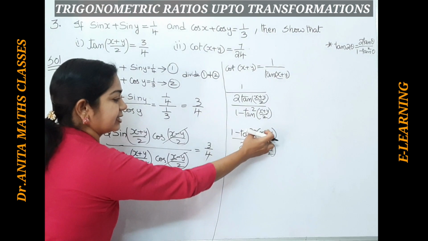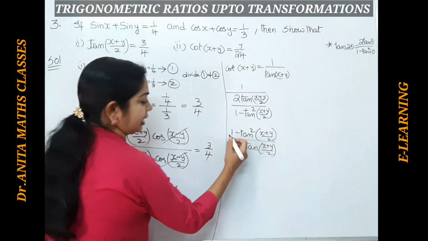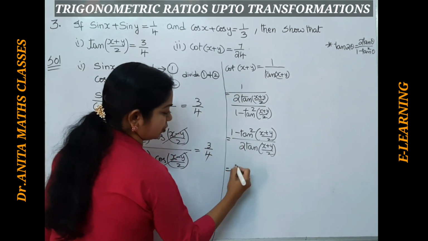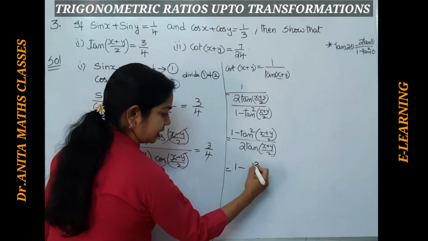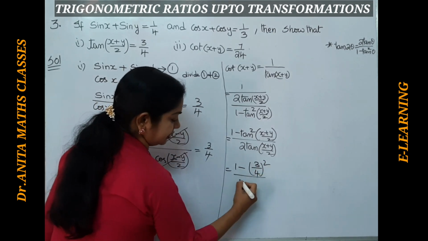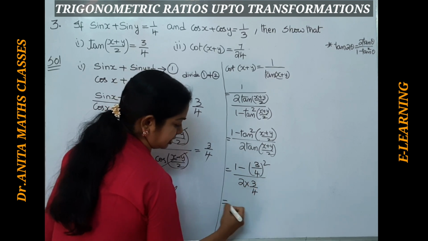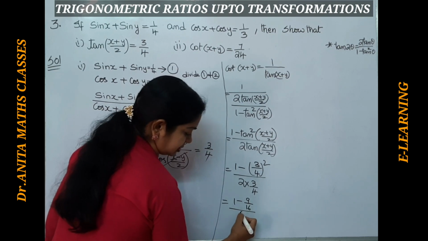Now here tan (x plus y) by 2, we got it from the first part as 3 by 4. Let's substitute that. So 1 minus tan square, so 3 by 4 square here. I am substituting tan (x plus y) by 2 as 3 by 4. So that is 1 minus 9 by 16 divided by 6 by 4.